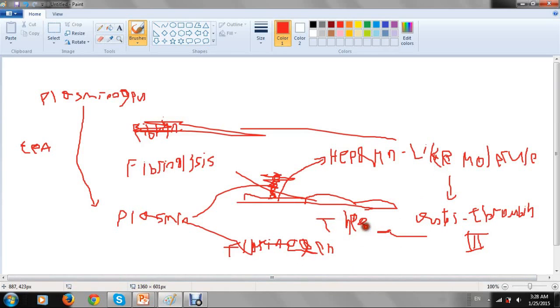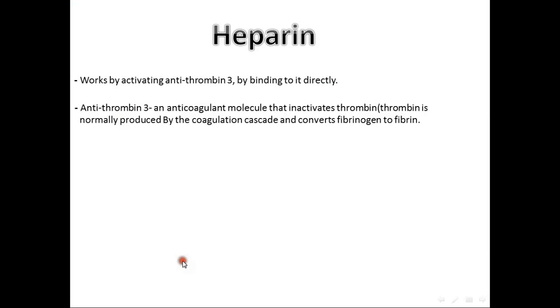It's very easy. Antithrombin shuts off thrombin. So this is basically the main mechanism of anticoagulation, of fibrinolysis.